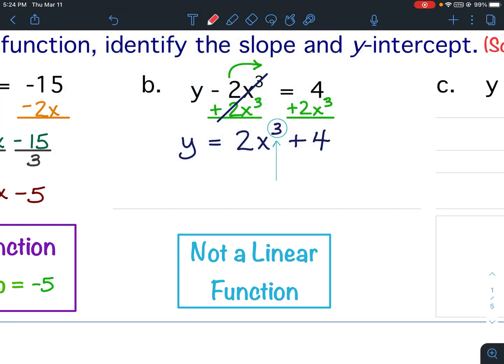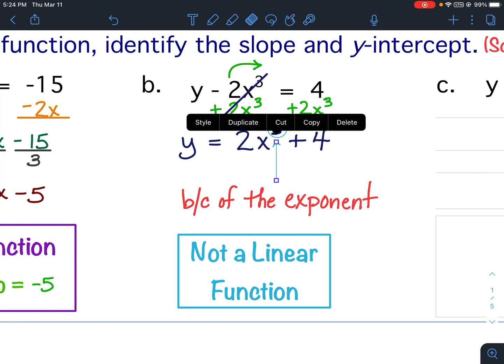And then I'm going to put, because of the exponent, it is not a linear function. Pause your video, make sure you have everything written down.